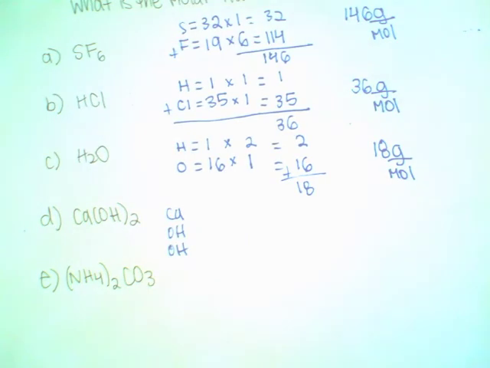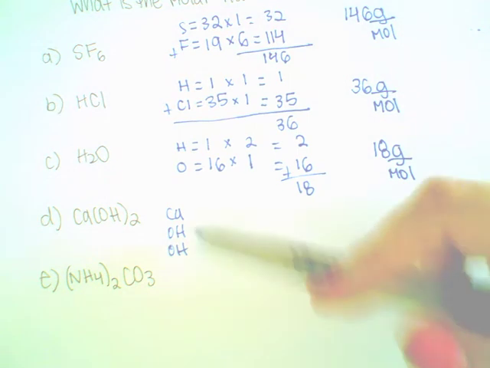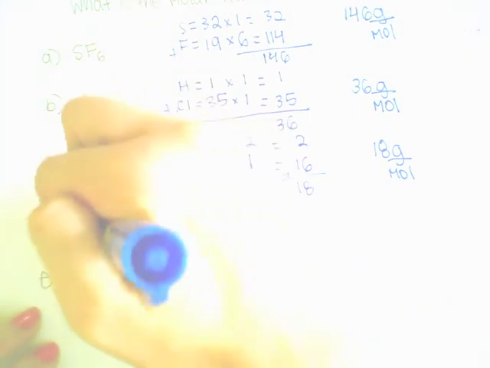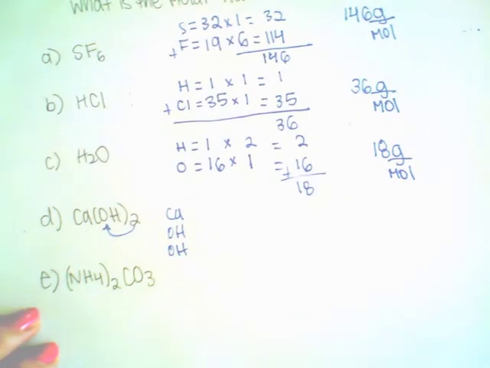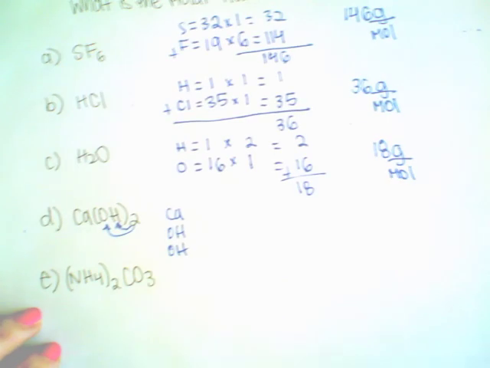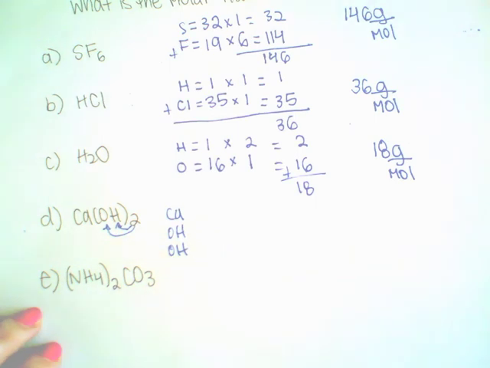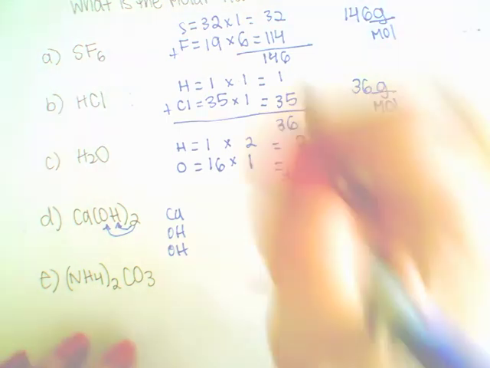You can think about it this way, where we have 2 OHs to deal with, or you can distribute the 2. So I have 2 oxygen and 2 hydrogen. The parentheses means that 2 only applies to the things that are in the parentheses, which in this case is OH, which we call hydroxide.